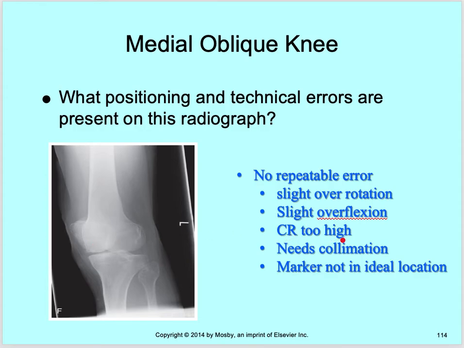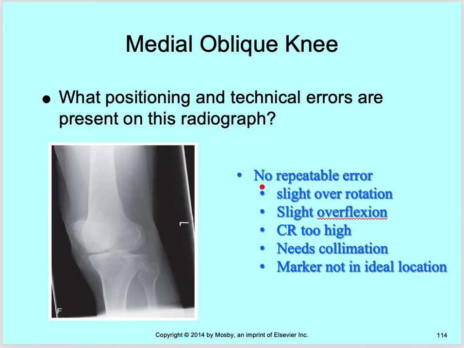Central ray is a little too high, so your central ray is up here instead of being at that half-inch inferior to the apex. It needs some collimation, and then marker not in ideal location. So you want this marker either high or low, not in the middle.